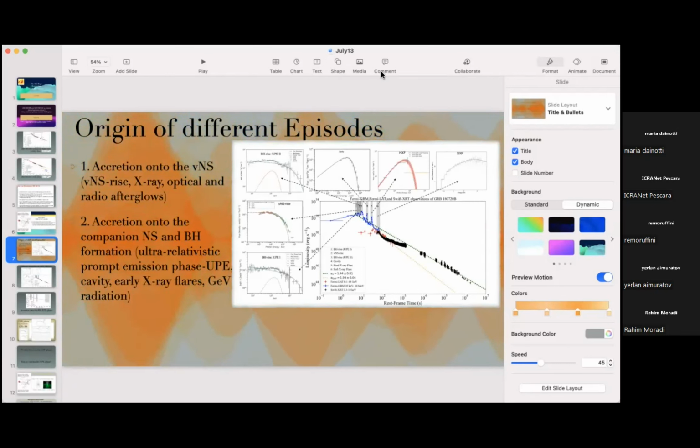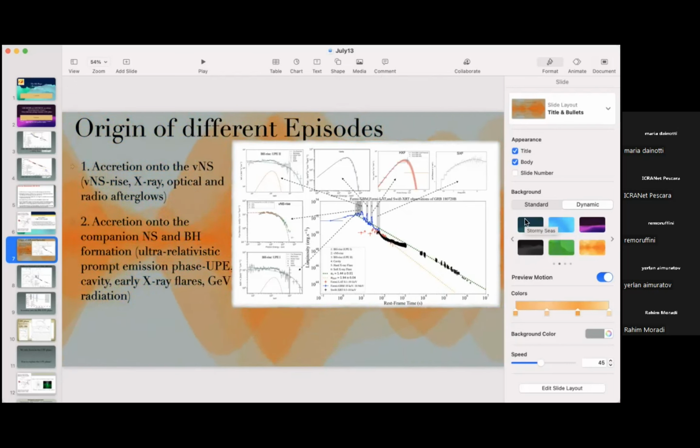Now, when you go to the BDHN1 and you sum up the UPE phase and the JEV radiation, and then you sum up as well the X-ray afterglow, all these together come out with the energy of 10 to the 54 erg. Therefore, the supernova which gives origin to the initial accretion is a standard one.